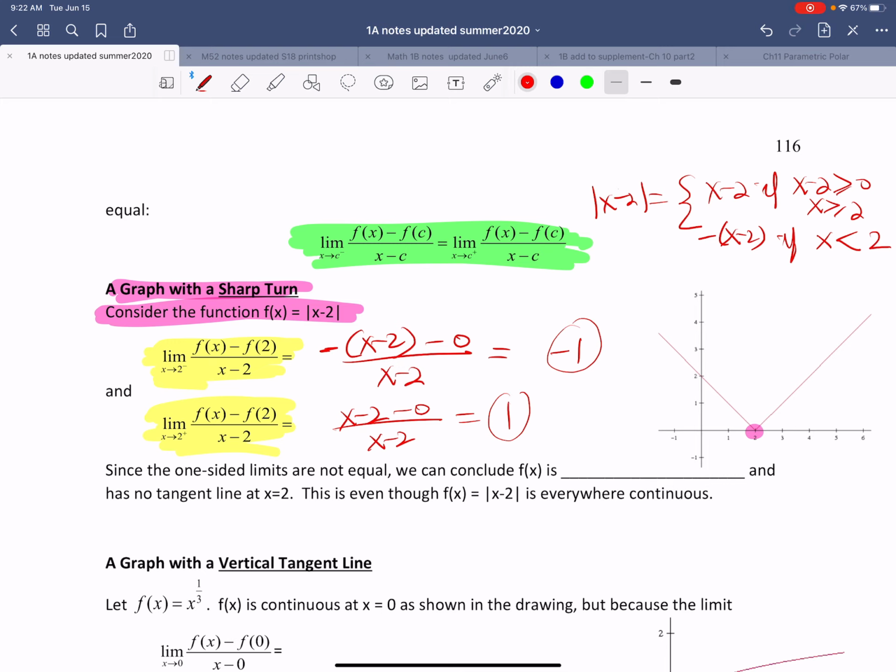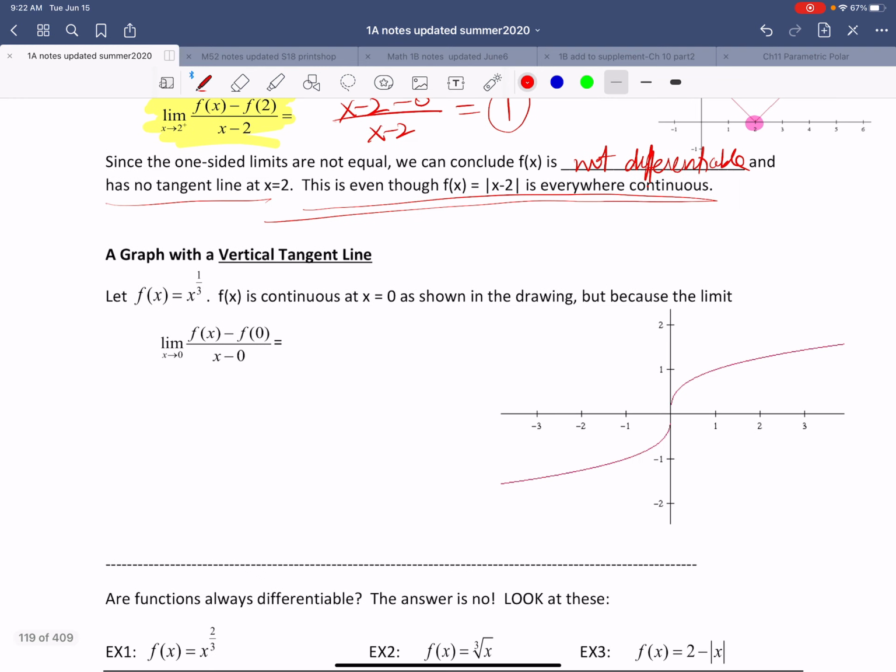So both one-sided limits are different, thus the derivative does not exist. F of x is not differentiable and has no tangent line at x equals 2, even though it's continuous at that point, but the derivative does not exist.